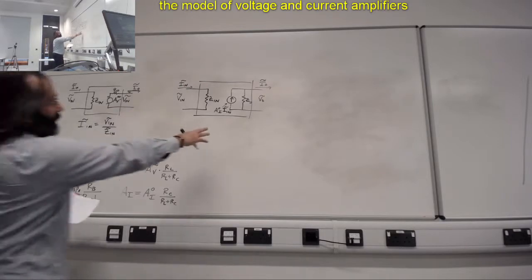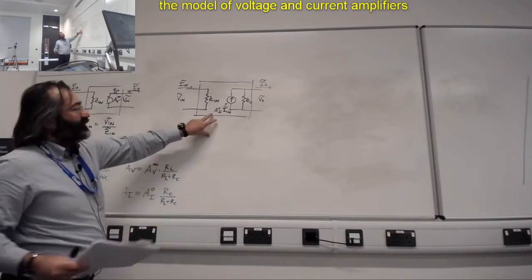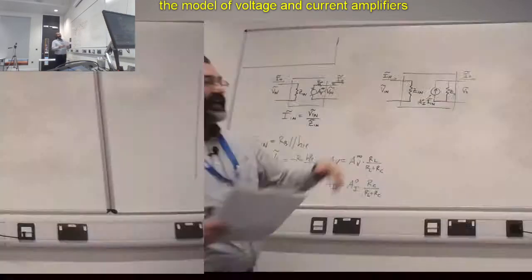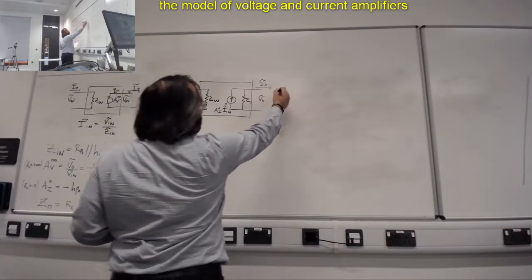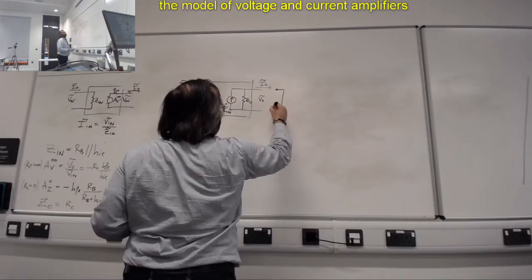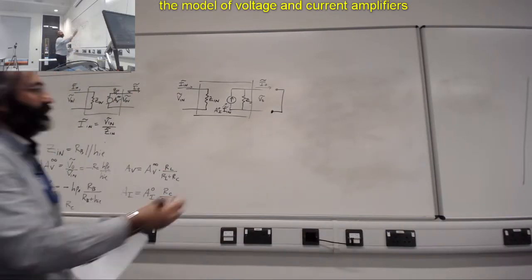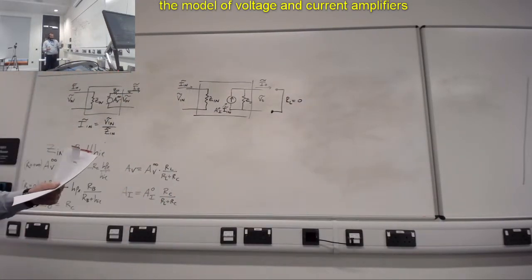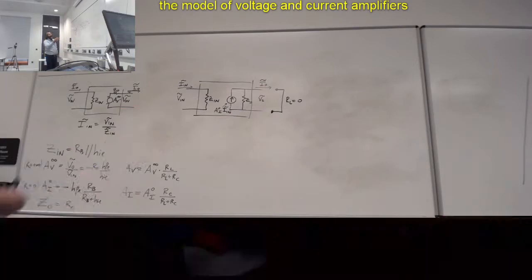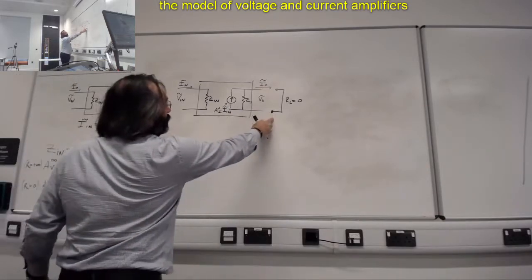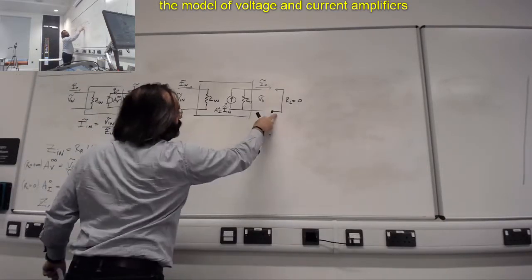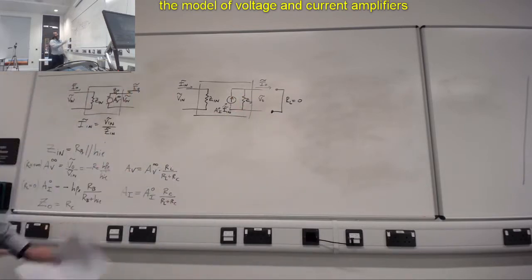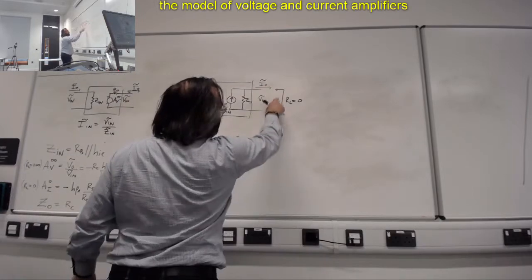Let's do it on this side. AI 0 is, as we said, the current that would flow outside if I was to attach to the circuit a load of 0, a short. If I do that, this load in parallel to Z0 makes Z output disappear effectively. So the entire current will flow in here.